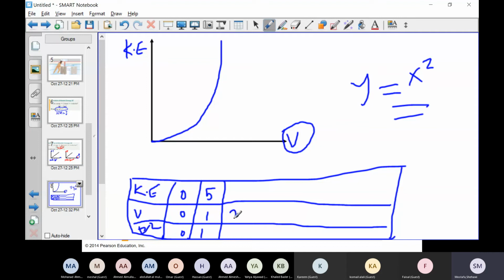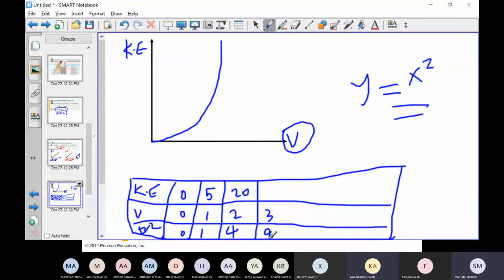Then the velocity is 2, this one is 4, so this will increase 4 times, so it will be 20. Then the velocity becomes 3, velocity squared becomes 9.